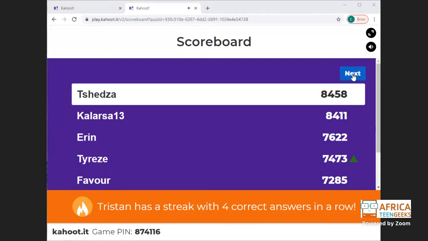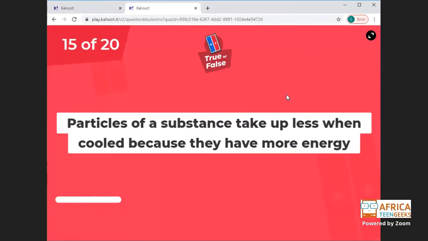Okay, let's continue. Particles of a substance take up less space when cooled because they have more energy. That was supposed to say space, guys.